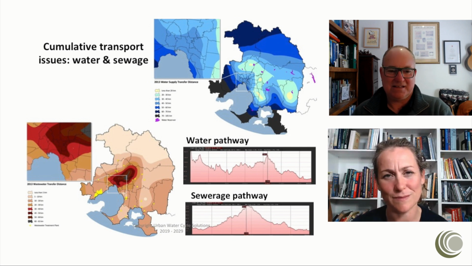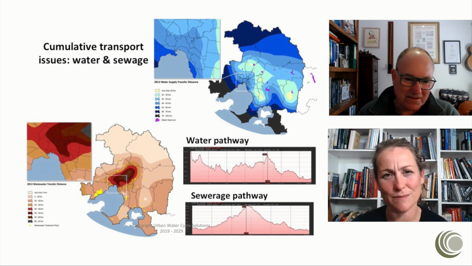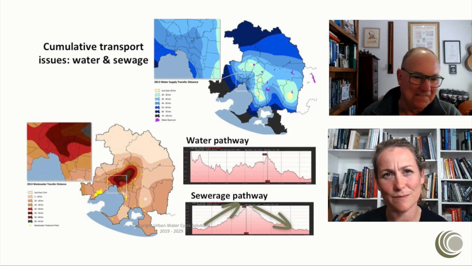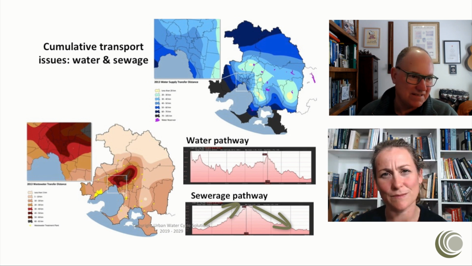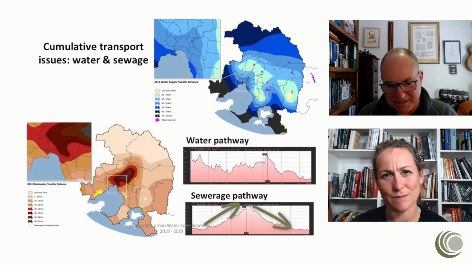And as we can see underneath the graph of the sewage pathway, it's not all downhill. In the case from the most dense area, which is the furthest transfer distance because it's the inner city area, to the sewage treatment plant, it's actually transferring by very large pumps the sewage uphill and then downhill to the outflow.